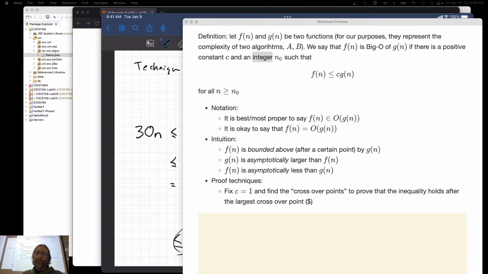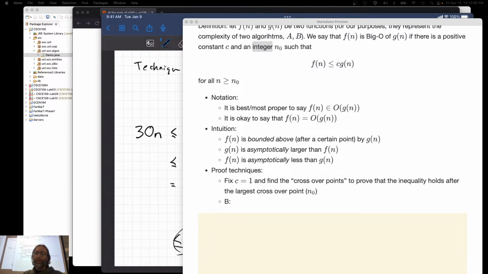Or, B, what you can do is fix n naught to be 0 and find a C that satisfies the inequality, right?